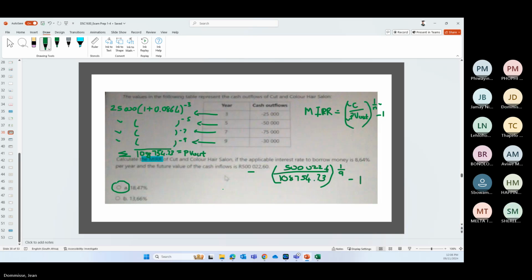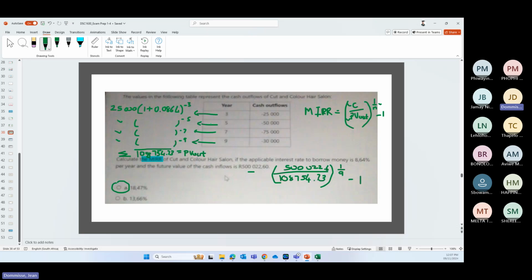What they love to ask also is sometimes they give you enough information to say, but use another one like net present value or profitability index and decide with which one you would go.